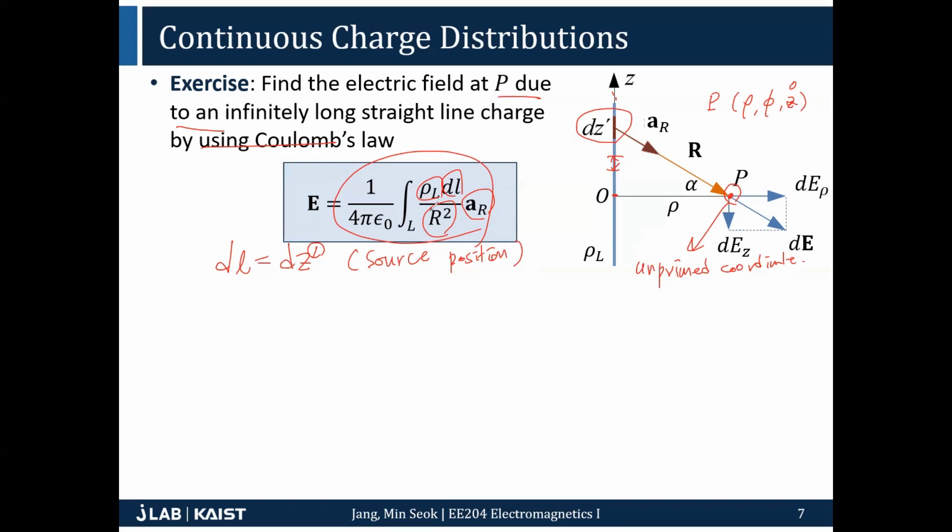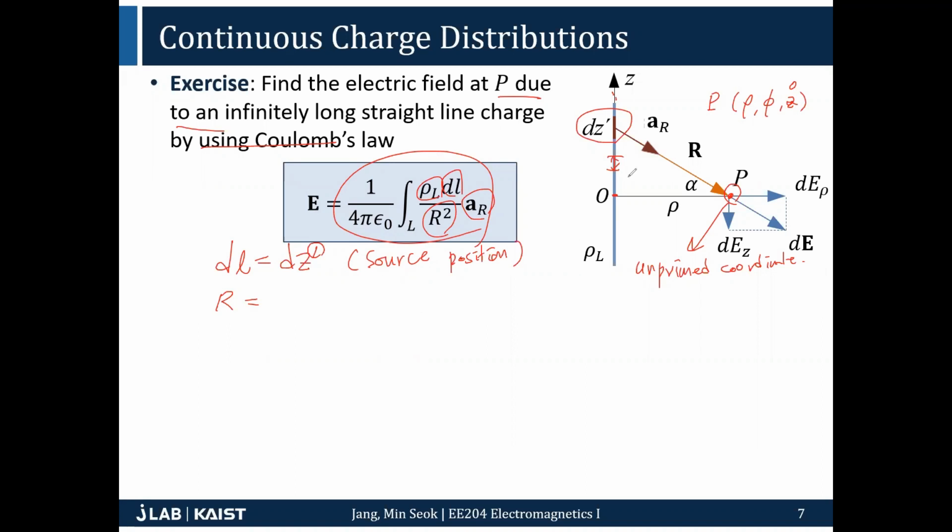Let's look at this again. Then what's R? Can anyone type in what R is? How to express R with the given coordinate variables? Right, you guys did a good job.